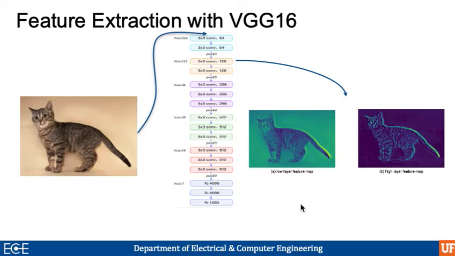And in the second picture, you can see the feature map mainly focuses on the whole big picture, and it can analyze the boundaries of the cat very well. And the second high layer feature map mainly focuses on the textures of this picture.